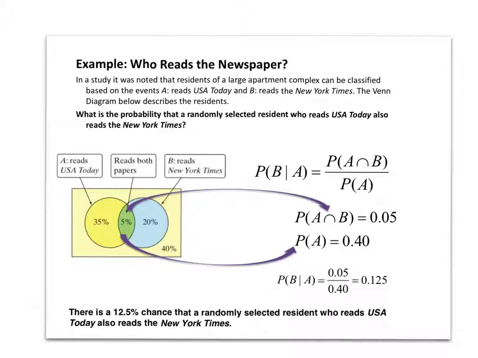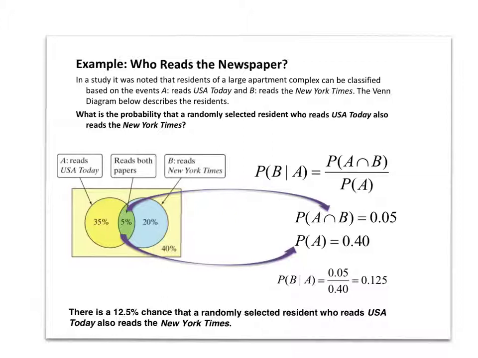So we set up a Venn diagram in which the 5% represents the intersection because they did both events at the same time. We wanted to figure out the probability that a randomly selected resident who we know reads USA Today also reads the New York Times.